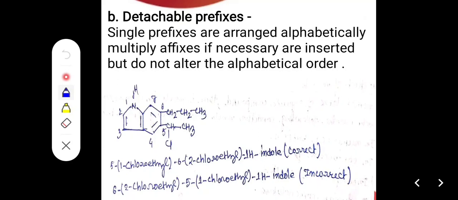So detachable prefixes always maintain the alphabetical order. In that case, the alphabetical order does not change. This is the main thing about detachable prefixes.